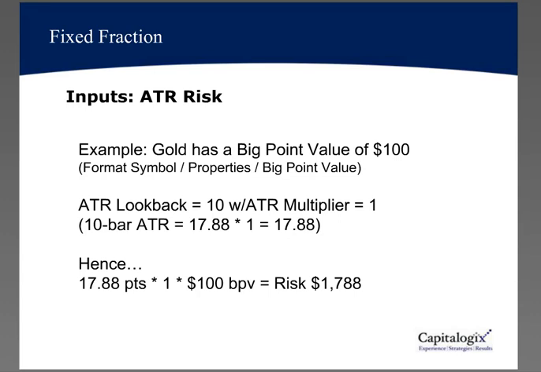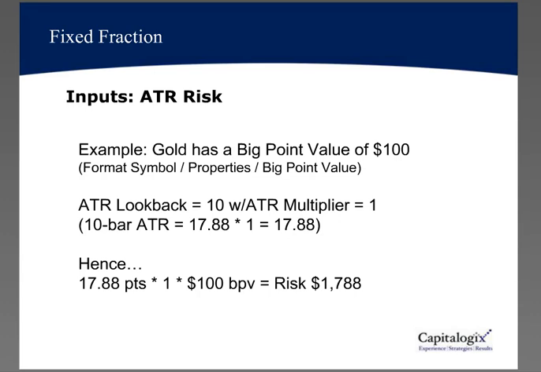So in my example, if we have a 10-bar ATR, and for gold it's 17.88, just as of a few days ago, we multiply that ATR number by the 1, which is the multiplier. Again, the larger the number, the less risky it is. So a multiplier of 2 is less risky than 1, and 3 is obviously less risky than 2. In my simple example, we've got the ATR 17.88 times 1, which is obviously 17.88.